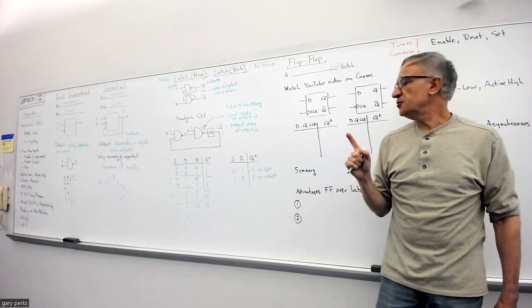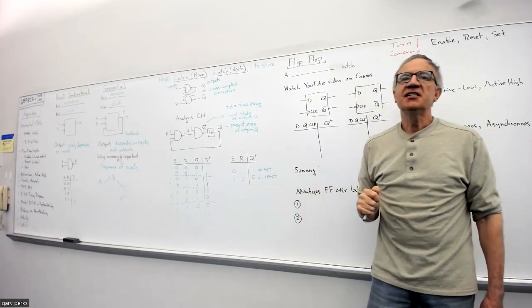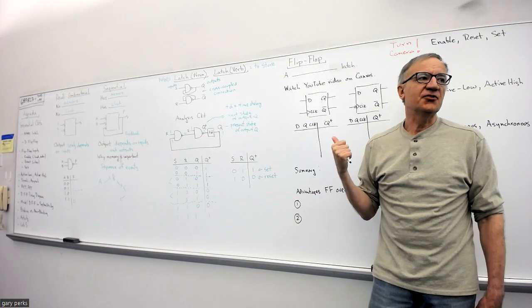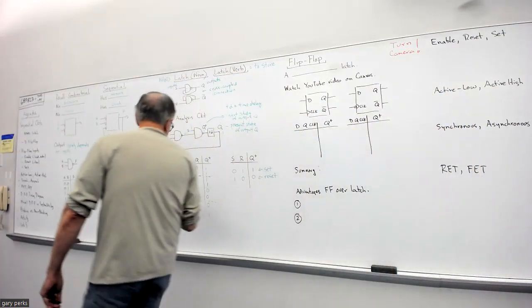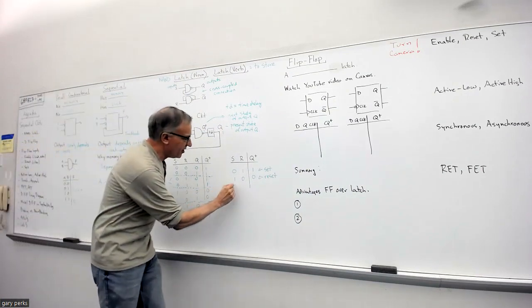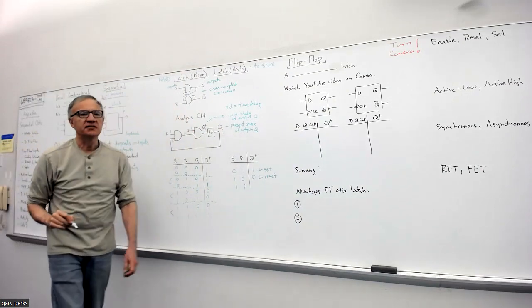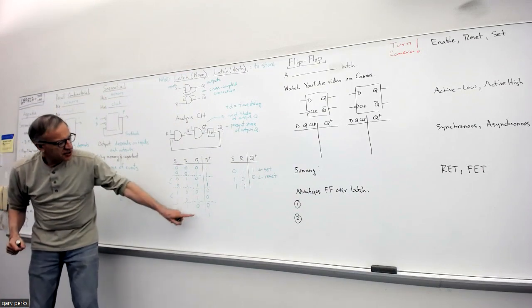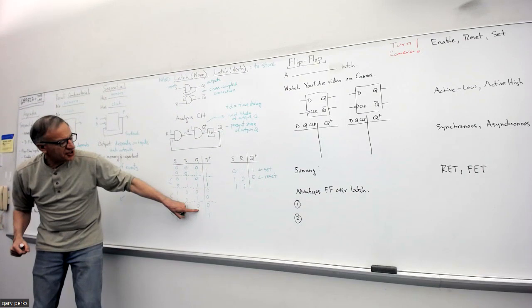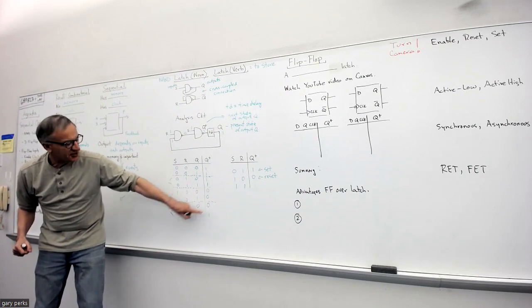All right, the next two rows, these bottom two rows, is why this is called the latch and why this circuit can store data. Okay, because look, for this NAND latch, if both S and R are 1, look, next state of Q, well, if present state of Q is 0, the next state of Q is going to be 0.